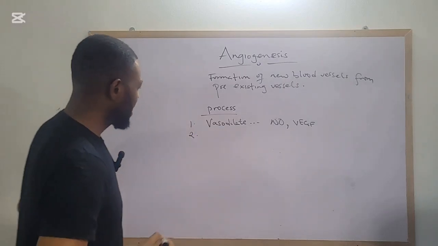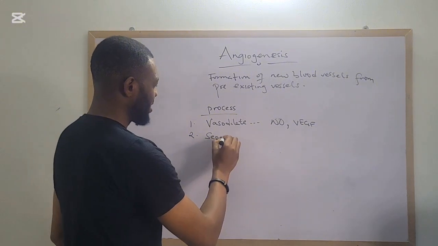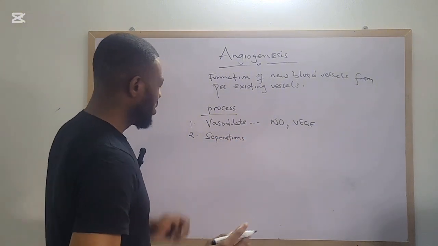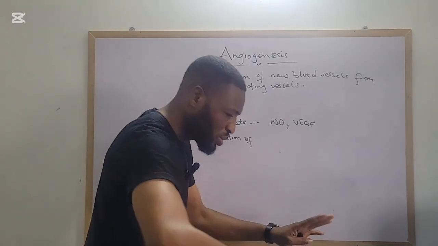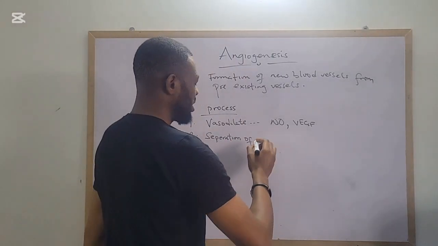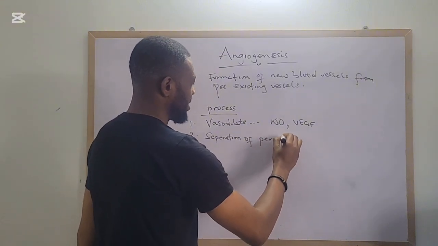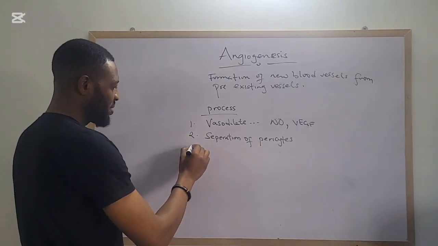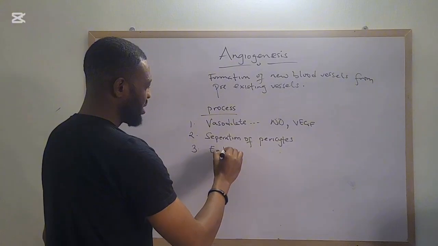step after vasodilatation is the separation of the pericytes from the vessel wall. So cells that actually surround the endothelial cells will separate themselves. Separation of pericytes from the vessel wall. And then the next step is endothelial proliferation.